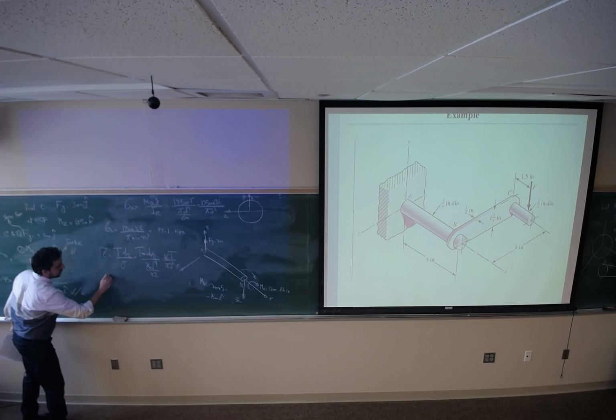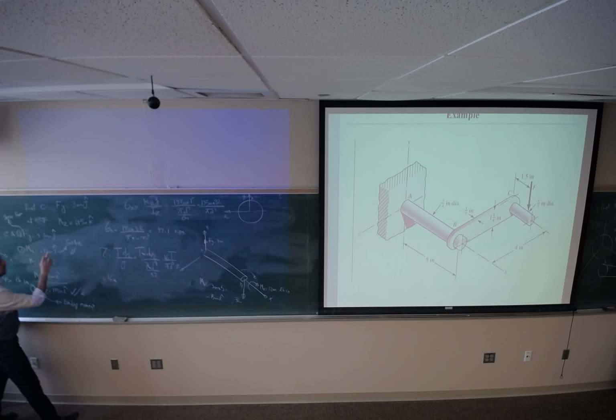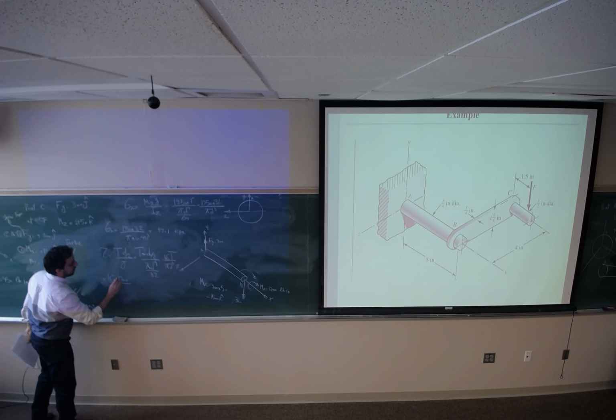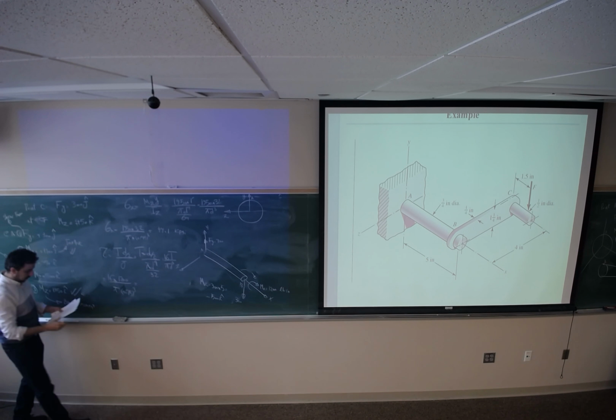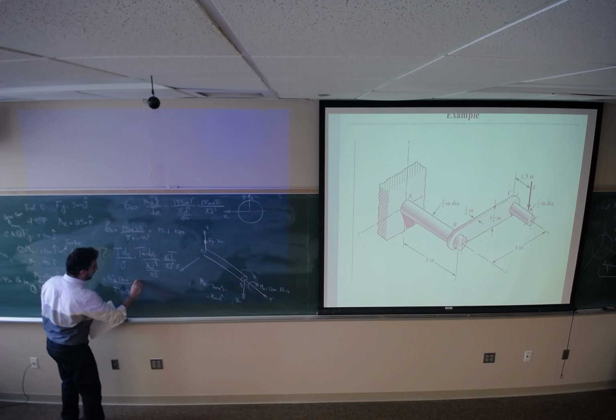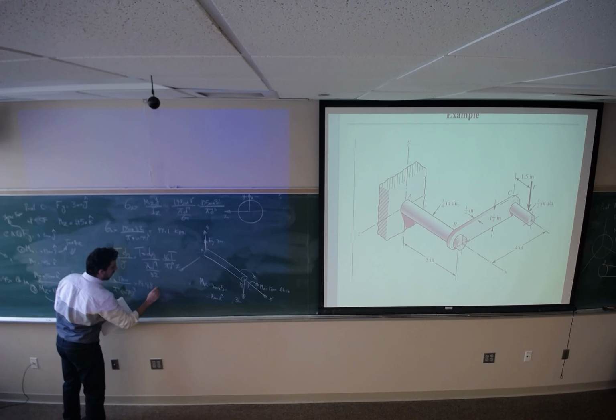So 16, the torque is 1200, divided by pi times 0.75 to the power 3, is going to be 14.48 kpsi.